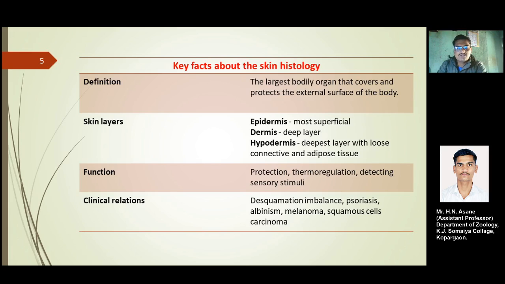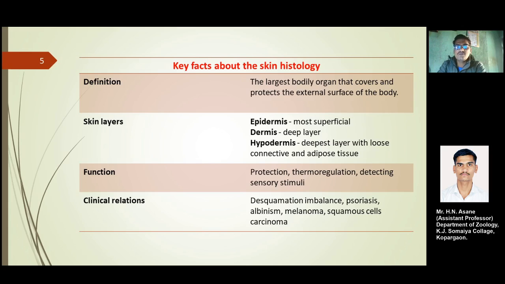The three skin layers: the epidermis is the most superficial, uppermost layer. The dermis is the middle layer, and the hypodermis is the deepest layer, with loose connective and adipose tissues.